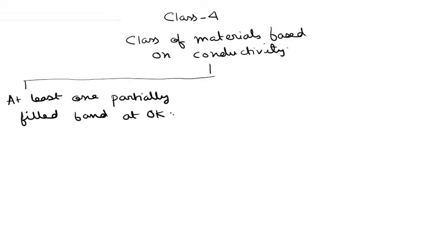So in case of semiconductors or insulators, the bands are either completely filled or completely empty, so it doesn't conduct at 0 Kelvin temperature. In case of metals, there is at least one partially filled band at 0 Kelvin, and that is why metals can conduct at 0 Kelvin. So this type of material constitutes metals.